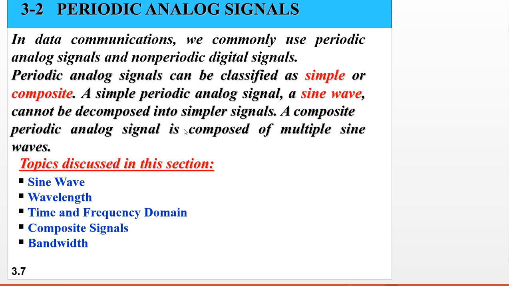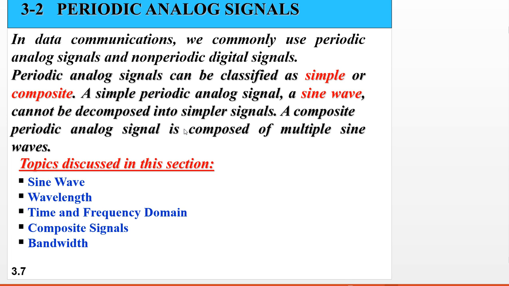Then what is a periodic signal or a periodic analog signal? First understand the periodic signal. A periodic signal is one having a particular cycle or particular pattern within a given time period. Some predefined period, and how many times that signal is going to complete its cycle, that kind of signal we call a periodic signal.